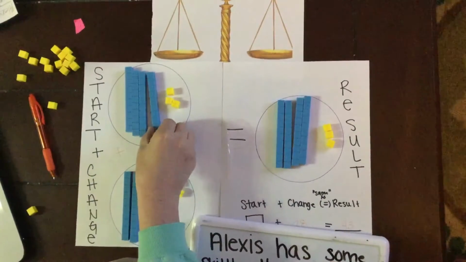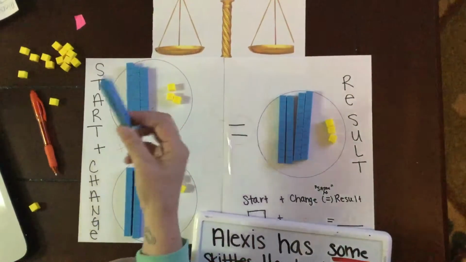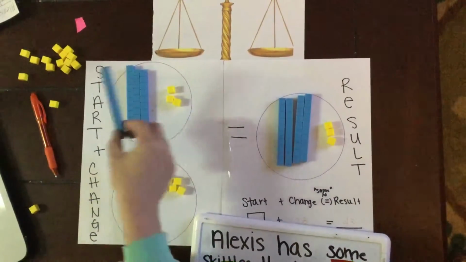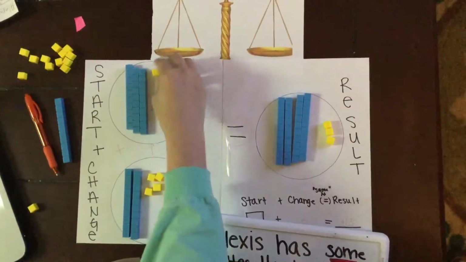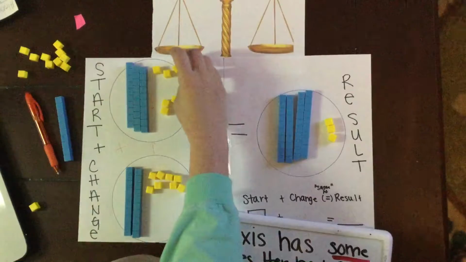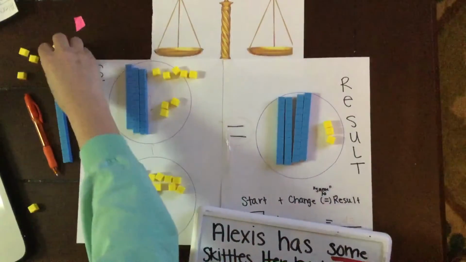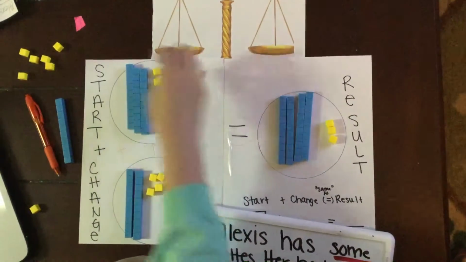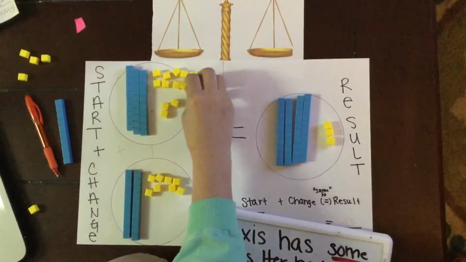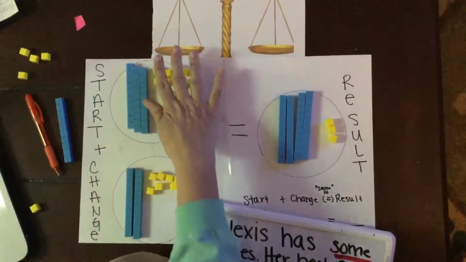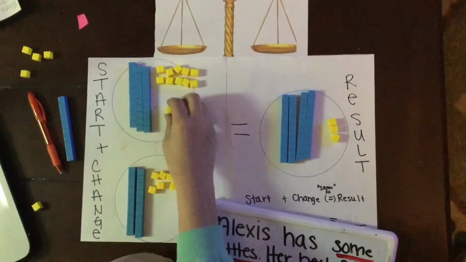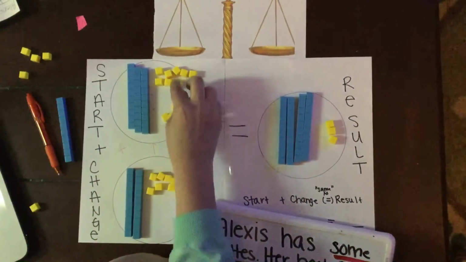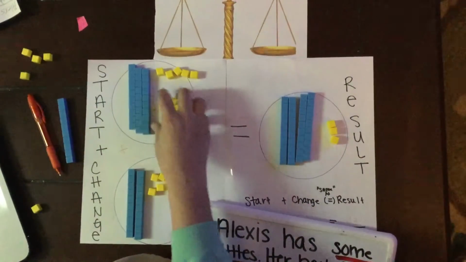So we need to take a long and regroup this down into 10 units. So 1, 2, 3, 4, 5, 6, 7, 8, 9, 10. So this will give us a total of 13 units. Now we can take 8 away. So there's 3, 4, 5, 6, 7, 8.